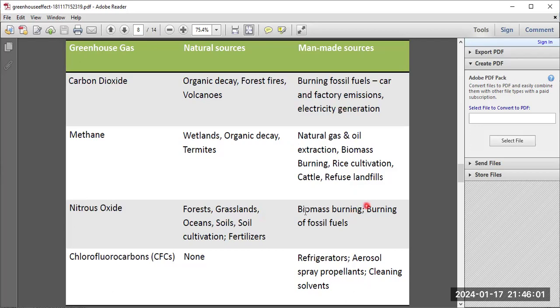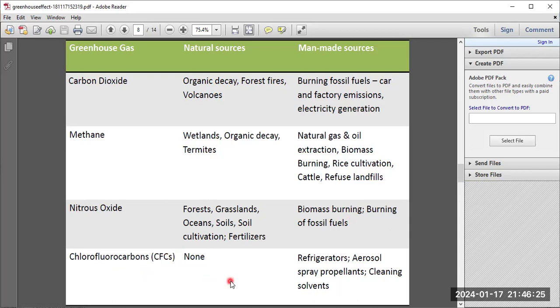But we can control biomass burning and burning of fossil fuels, which can ultimately decrease the quantities of nitrogen oxide, carbon dioxide, and methane. We have control on these man-made sources. So we have to focus on these man-made sources to save our environment.